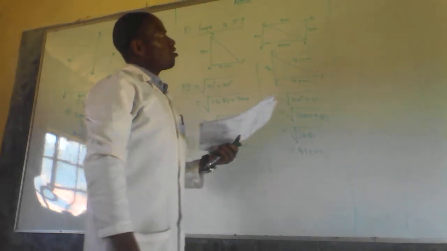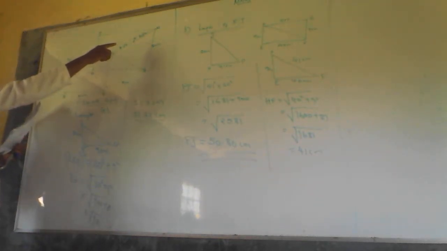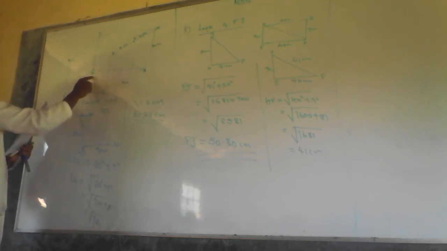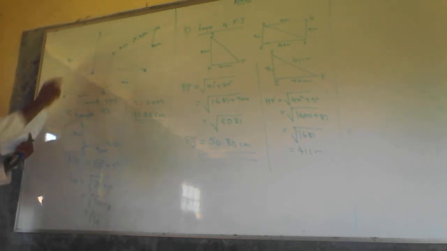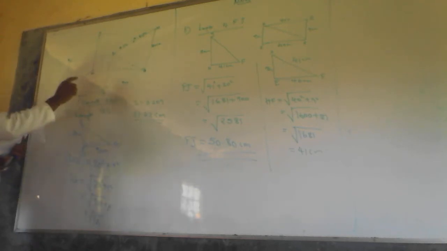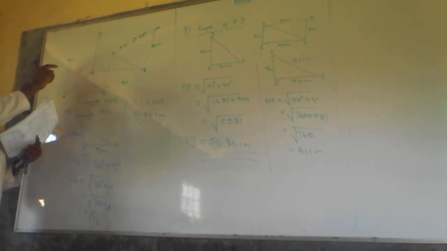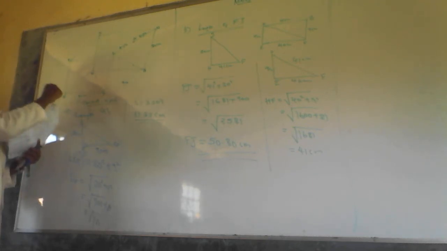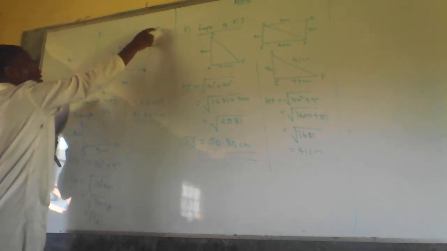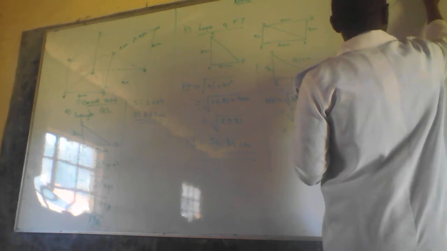Now, the angle between a line EM and the plane EFGH. How do you get the angle between a line and a plane? When we want to get the angle between a line and a plane, we simply need to have a line which acts as a projection on the same plane. So for this one, if we have EM, you just draw the line EM.